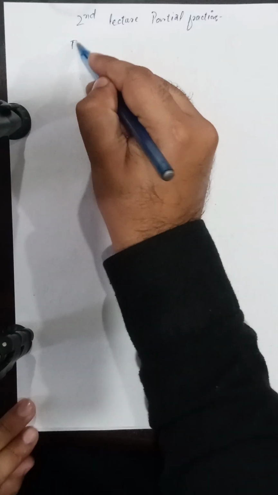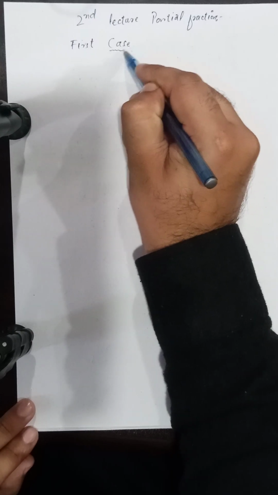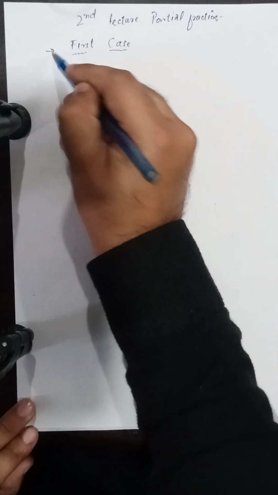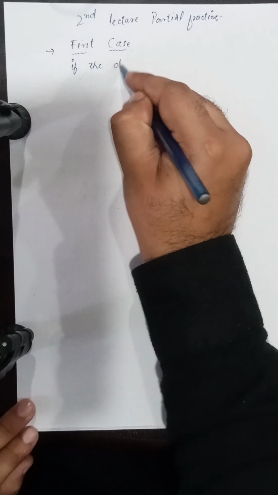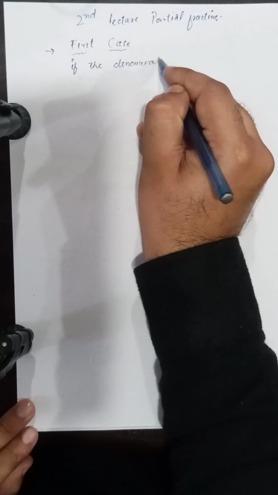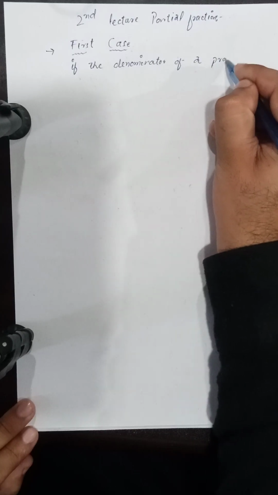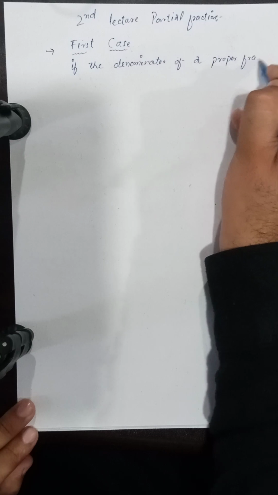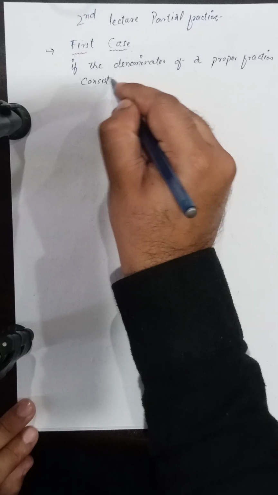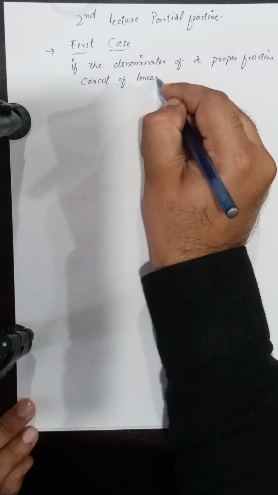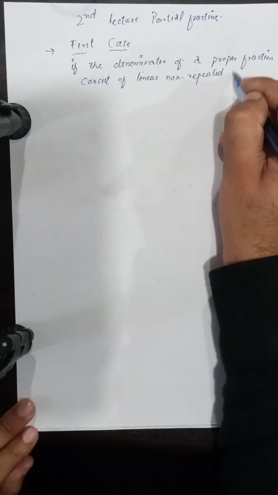So the first case of partial fraction: if the denominator of a proper fraction consists of linear non-repeated factors.